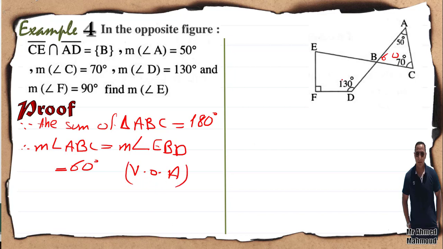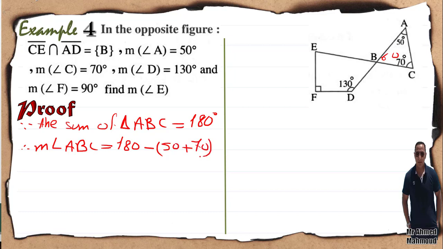Okay, so also this angle EBD equals measure of angle ABC equals 180 minus (50 plus 70) equals 60 degrees. And now since here this angle equals 60, so also EBD equals 60.